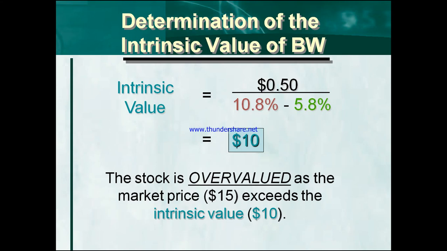So the stock is overvalued. We compare whether the intrinsic value is greater than the market price or not. If the market price is less than the intrinsic value, for example if the intrinsic value is 20 and the market price is 15, then the market price is undervalued relative to the intrinsic value, so we can say the stock is undervalued.